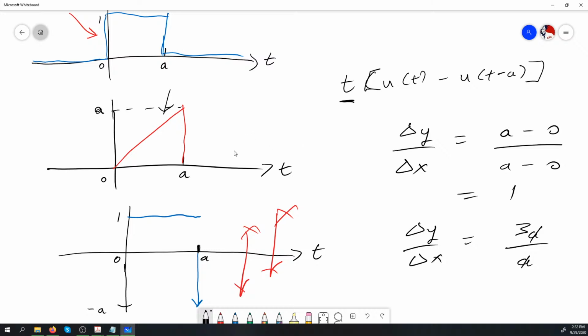Then when you do the differential, it's the differential of this line, and then the differential of this vertical change. That's how you get the differential mapping the gradient of this line, and then the differential mapping this vertical change at time a. And because it's a change from a to 0, the magnitude of this impulse here is going to be minus a accordingly.